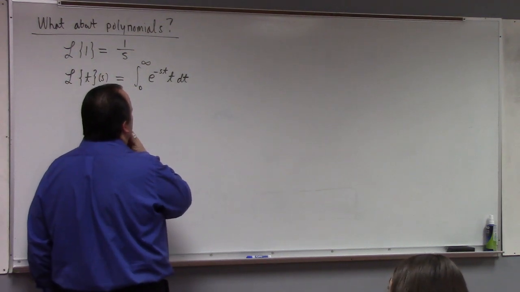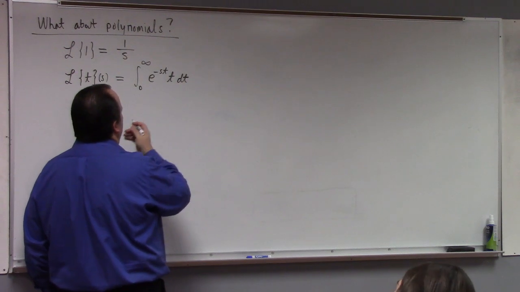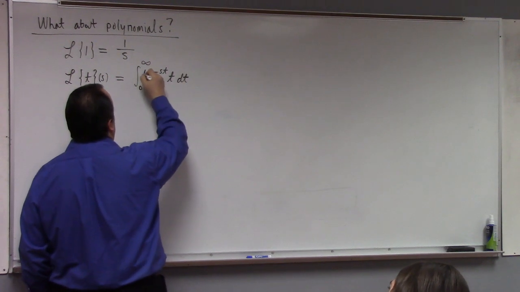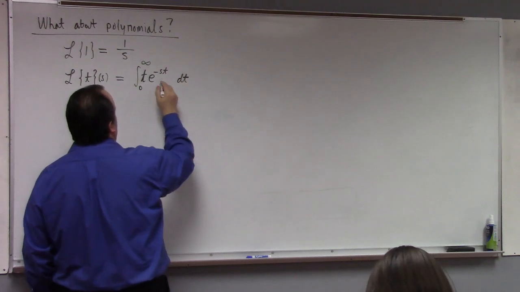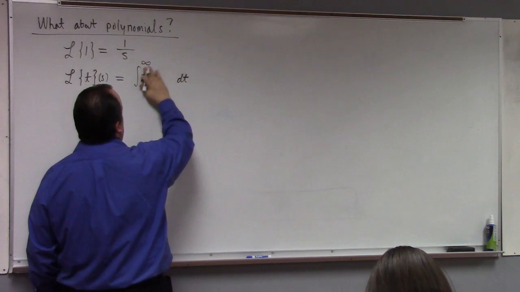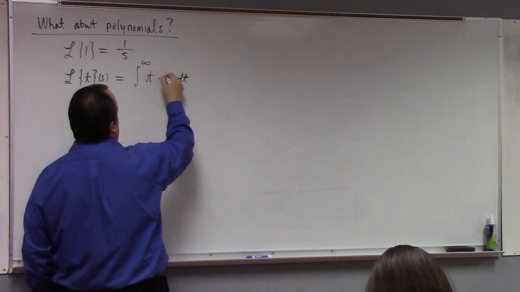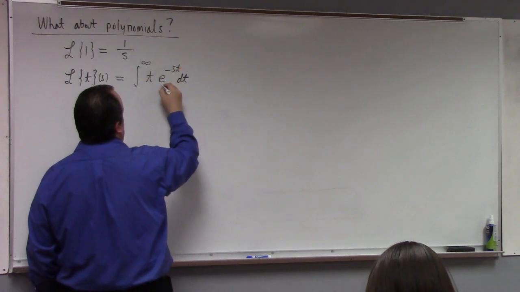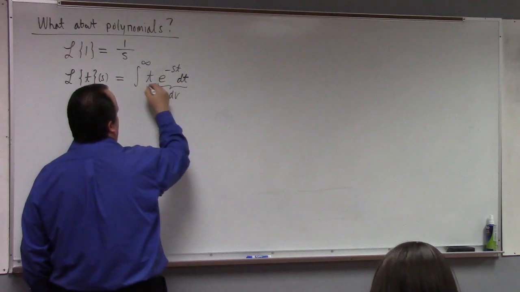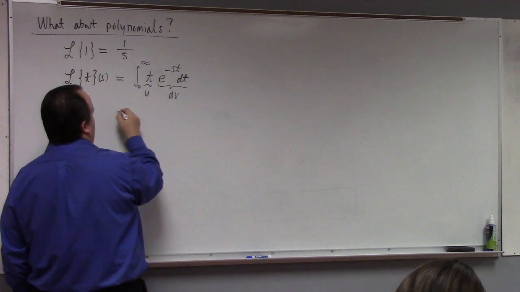Let's see here. I feel like I'm going to write the t first for my purposes. If I do that, I think I'll make this my dv, and I'm going to make this the u, right?